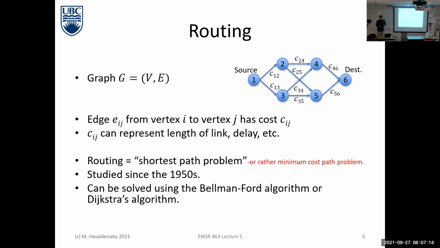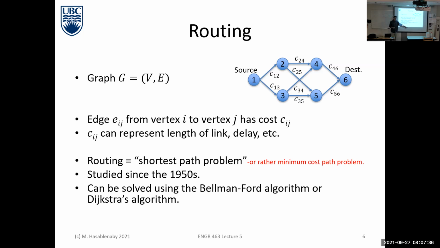Each link must have a cost value. This cost value must describe the properties of this link in order to decide whether to select this link on my way or not.